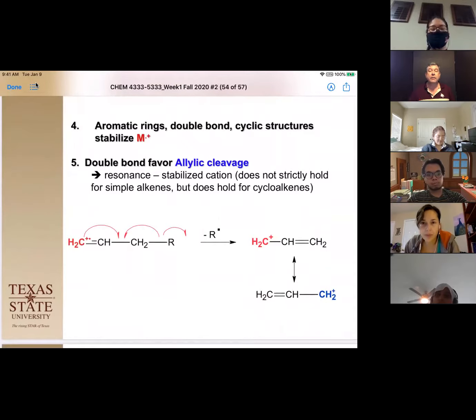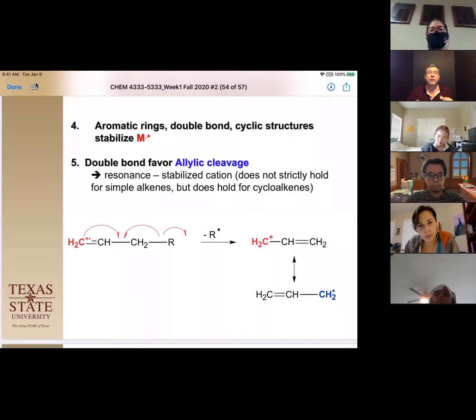The reason for this is once you have a ring in it, it's actually harder to break this ring off into fragments, and so it is a little more stable. And aromatic rings in particular have resonance stability in addition to the ring stability. So a lot of the time you will see the molecular ion peak for the aromatic ring and some other double bond structures and conjugated double bond structures. So that's rule number 4.